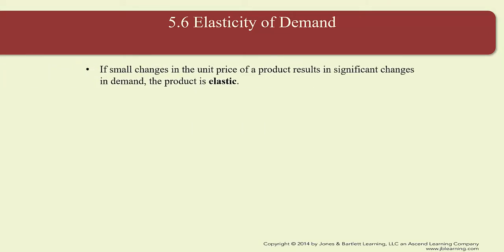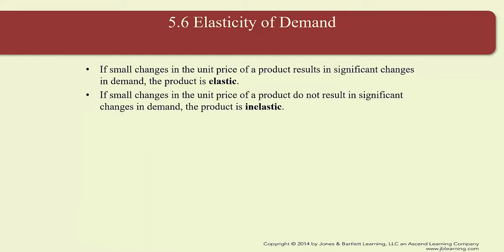So to get us started here, if there are small changes in the unit price of a product, and that results in significant changes in demand, the product is said to be elastic.